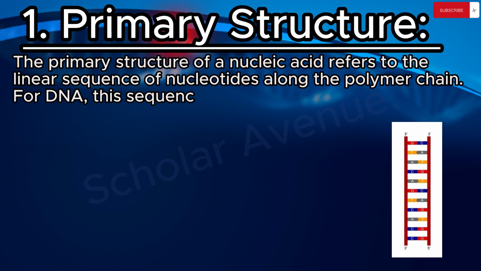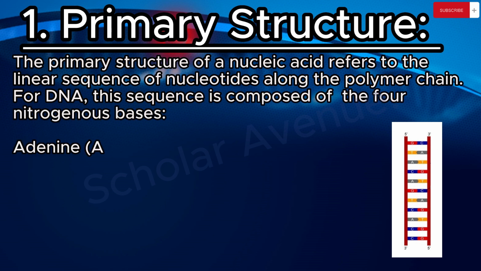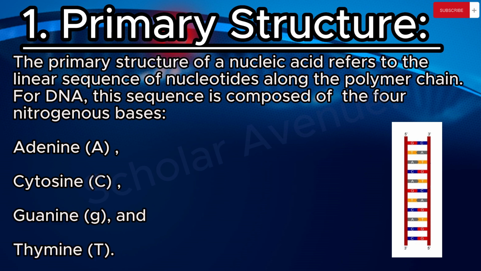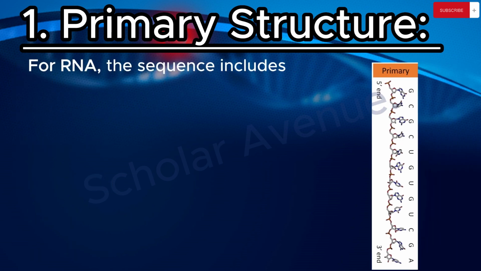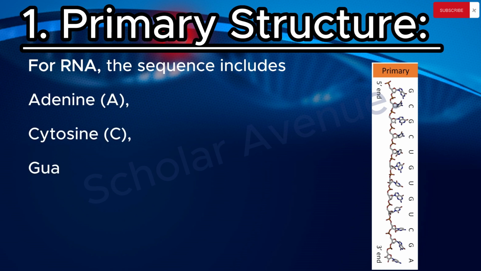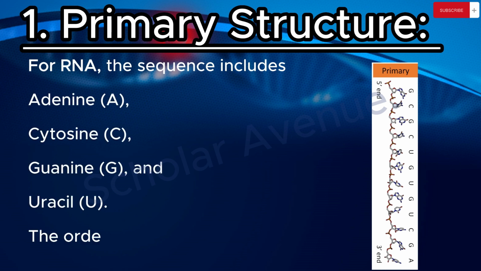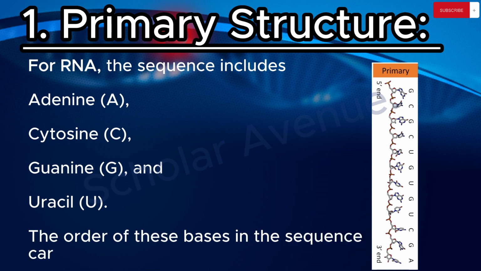For DNA, this sequence is composed of the four nitrogenous bases adenine, cytosine, guanine, and thymine. For RNA, the sequence includes adenine, cytosine, guanine, and uracil. The order of these bases in the sequence carries the genetic information.